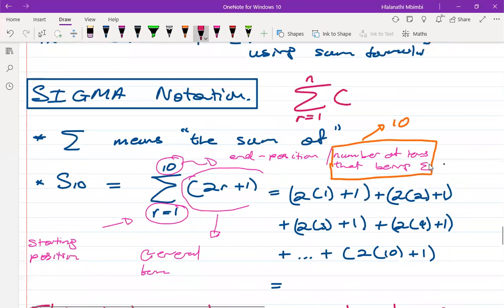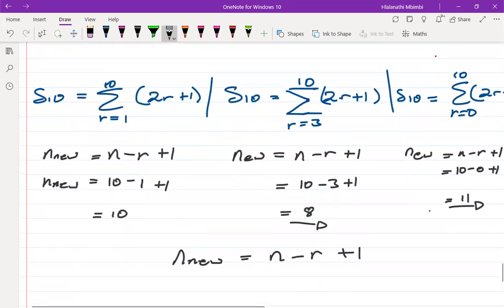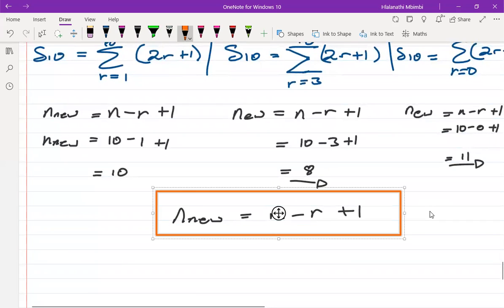Whatever number is there, it's normally n. So if there was any point where you were not listening, this is one of the important things to recall.